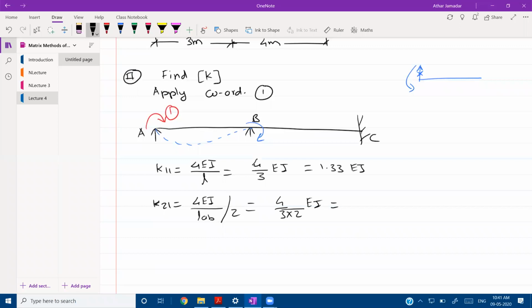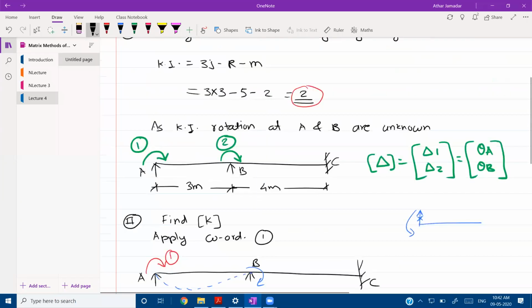So this is going to be 0.67 times EI. Okay. And remember, the size of our K matrix depends upon this Ki value. If your Ki is 2, then the size of the K matrix will be 2 by 2 only.